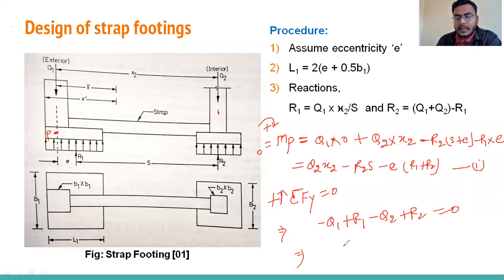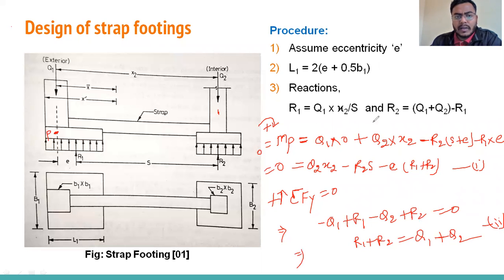So we can write R1 plus R2 equal to Q1 plus Q2. So here there are two unknowns, R1 and R2, and we have two equations, first and second. So by solving these two equations, we can get R1 and R2.